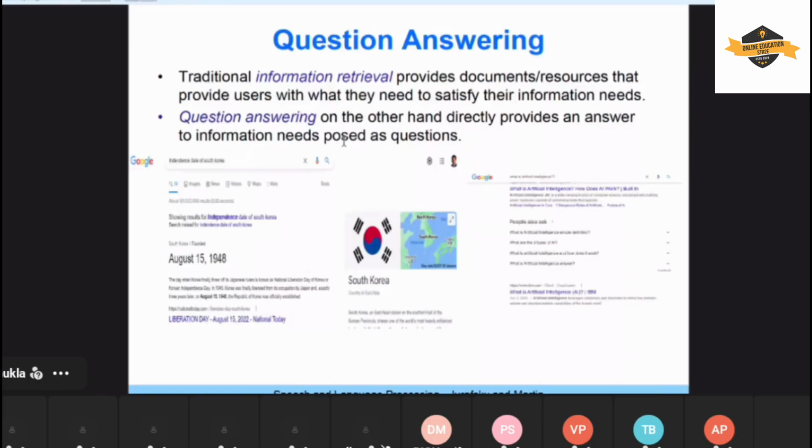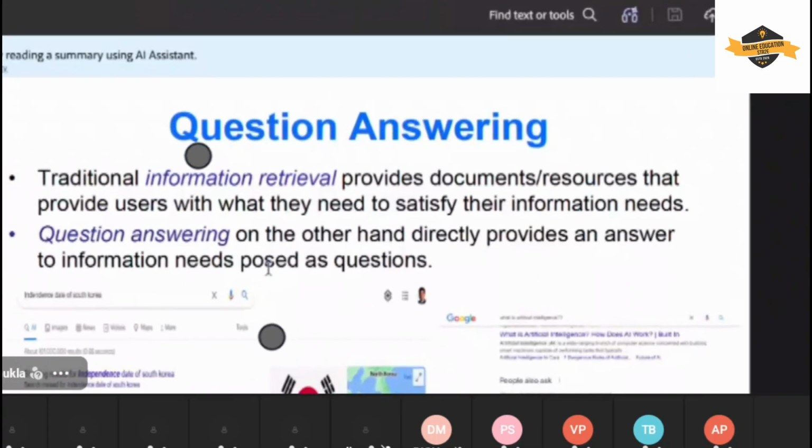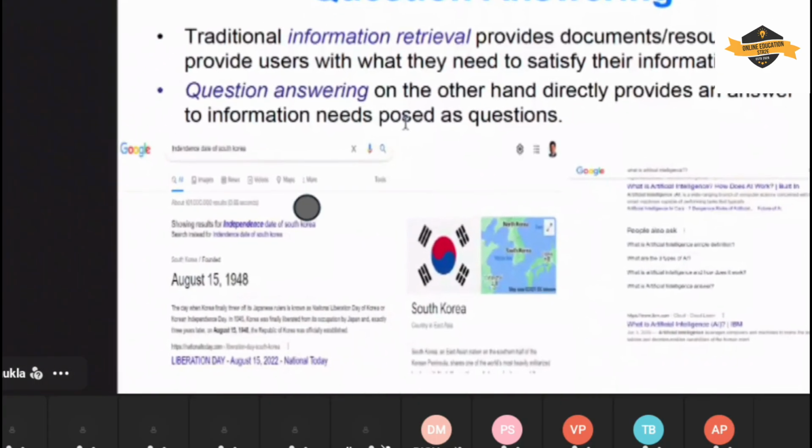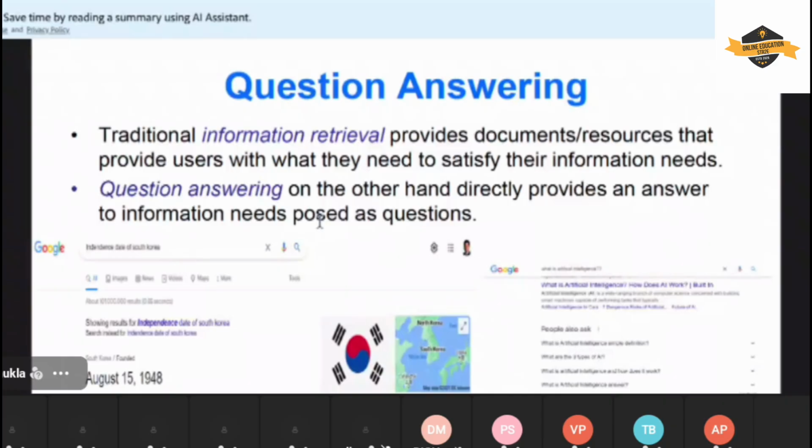Then you can use Google Translator. There are many other apps and tools now, but previously we were using Google Translator to type that I need to reach a particular airport, and then translate it into French. So like this, question answering is there.